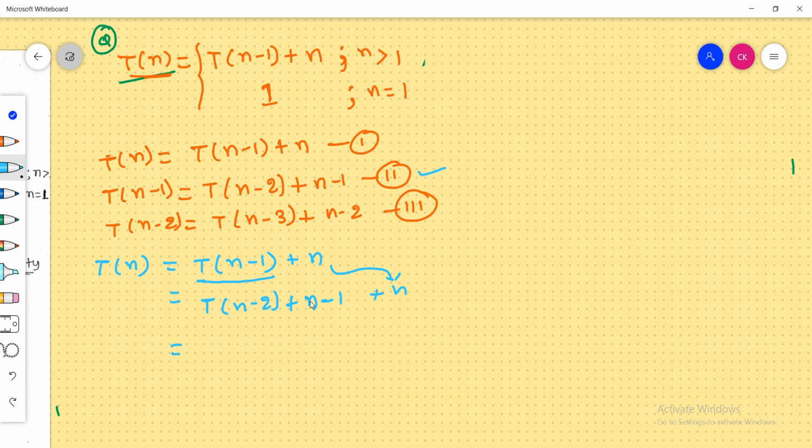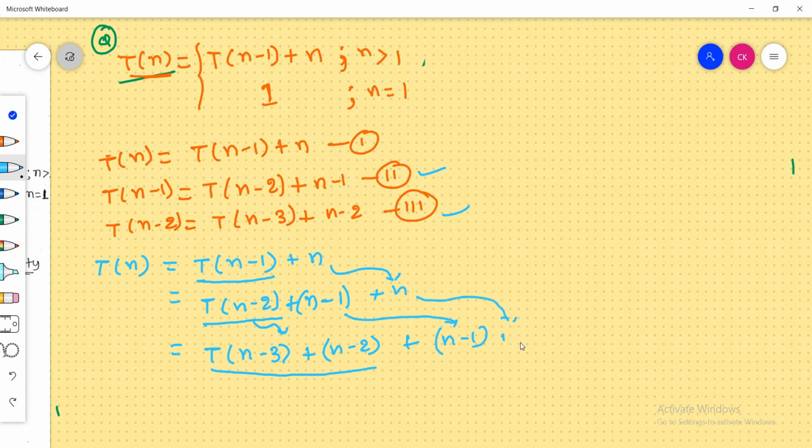Yes or no? Similarly, in place of this T of n minus 2, from equation number 3, can we write T of n is equal to T of n minus 3 plus n minus 2. This whole term is written from equation number 3, and plus n minus 1. Which n minus 1? This one. And this n, same, it is plus n.